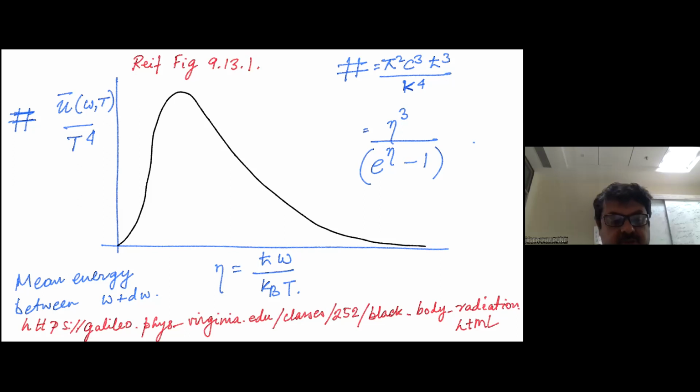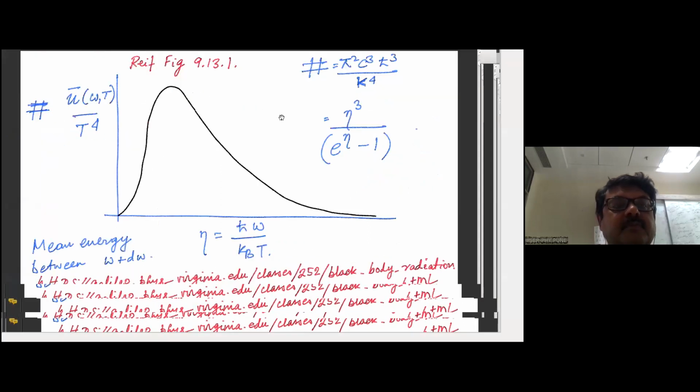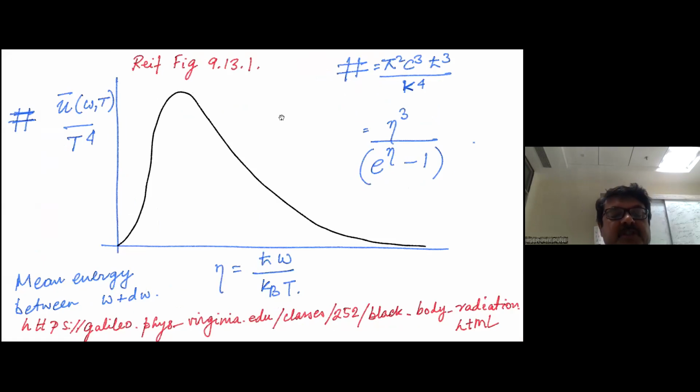So what I refer to is the book of Rief, figure 9.13.1, and what is plotted there is the energy density per unit area.